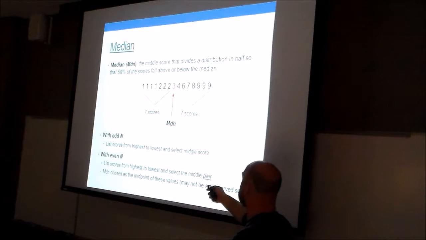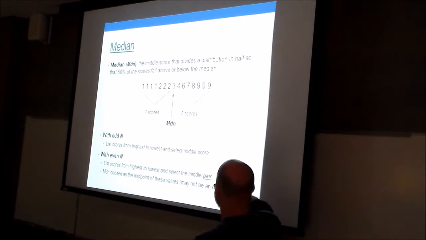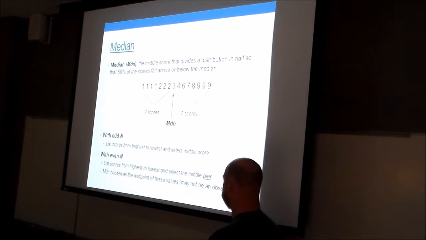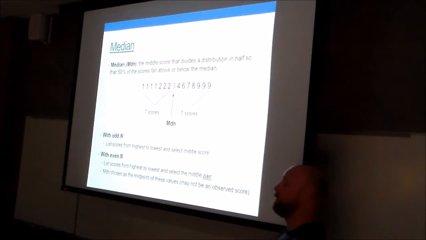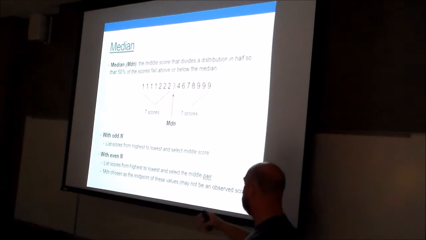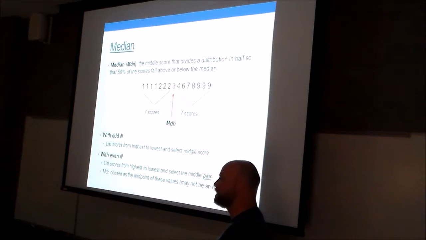So here we've got scores 1 through 9. We line them all up in order, and we say here we've got 15 scores. 3 is the middle. This is our median. We've got 7 scores above, 7 scores below. With an odd number of scores, we lift scores from the highest and lowest, and select the middle score. If we've got an even number of observations, we select the middle pair, and the median is the midpoint of the values, right?